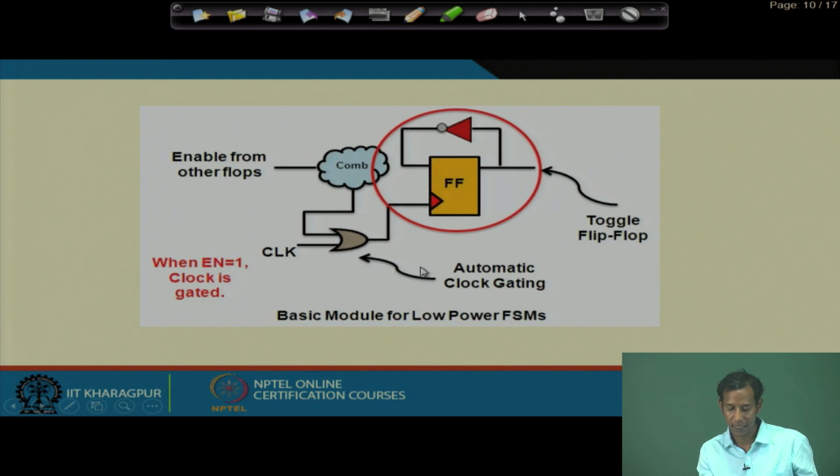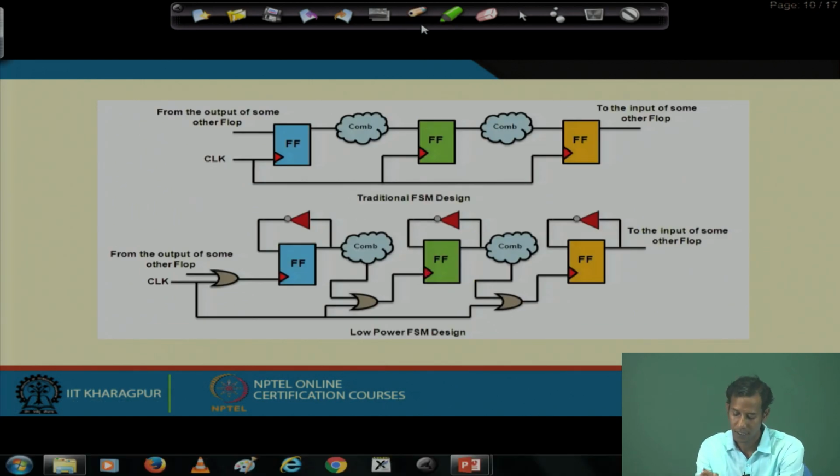So, how is this gated? Here you see this clock now comes with the enable signal. That means whenever this circuit is not running, at that time, depending on this particular logic, the clock signal will be just 0.